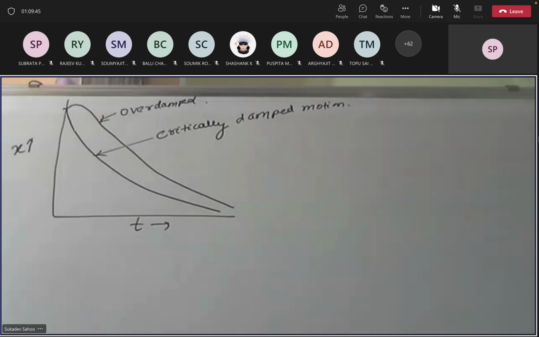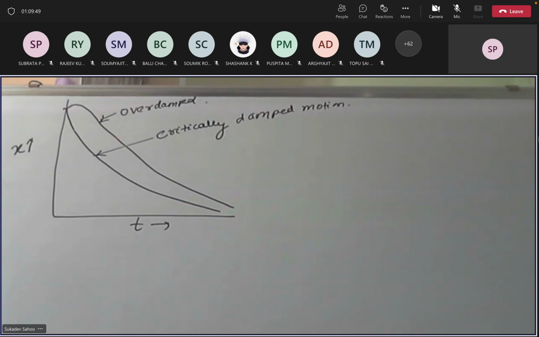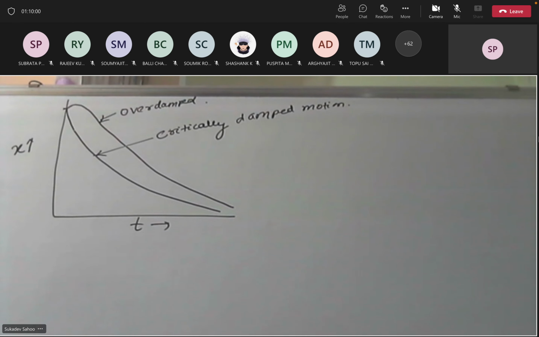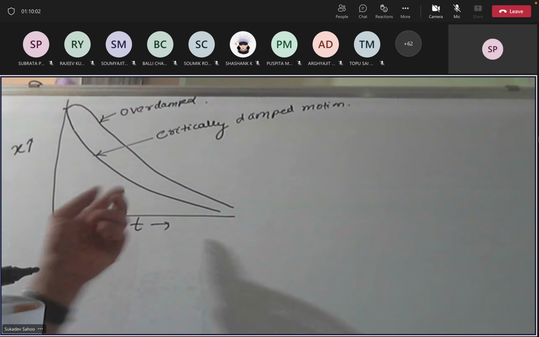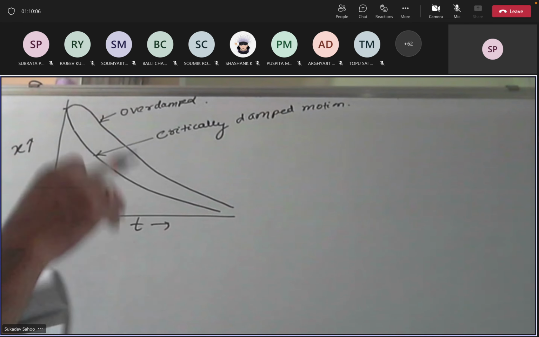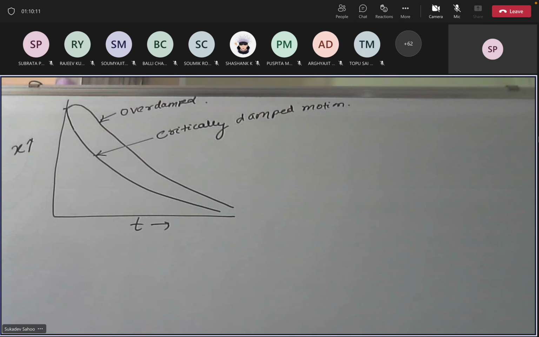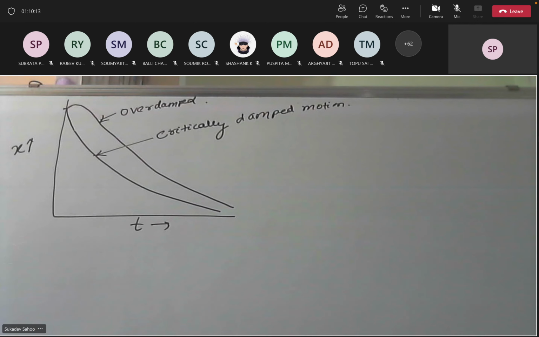So its value will be small in comparison to that of overdamped, because in case of overdamping, the gamma is more. Now in this case, gamma is less in comparison to that one. In both cases, we are saying non-oscillatory or aperiodic. But here in this case, damping is less than that of overdamped.